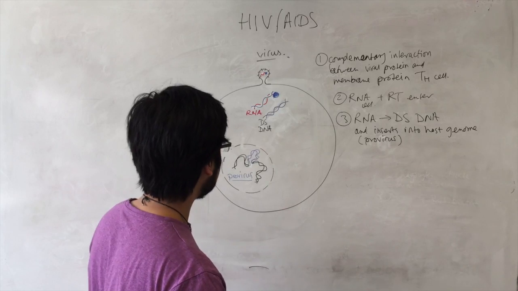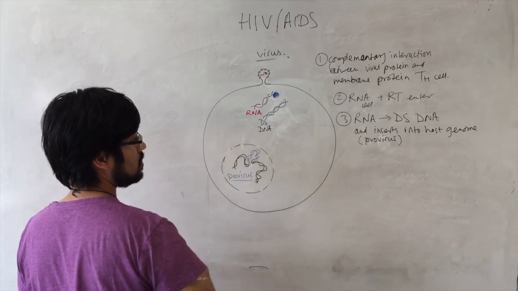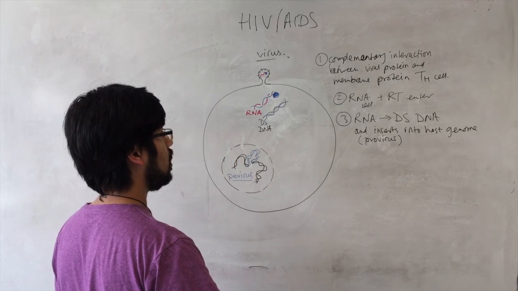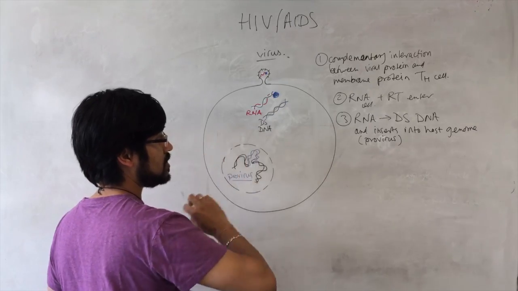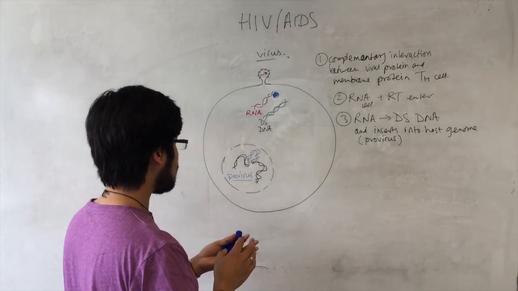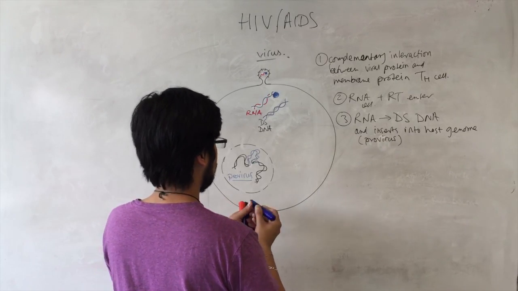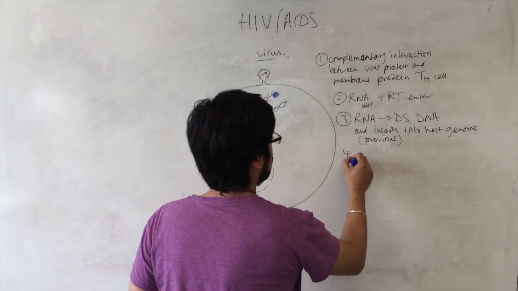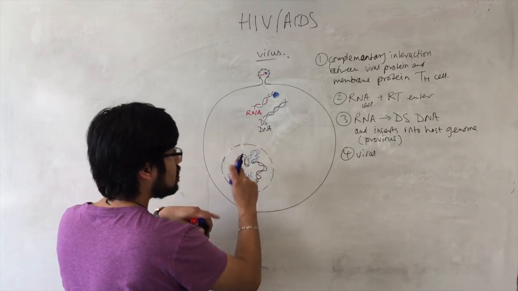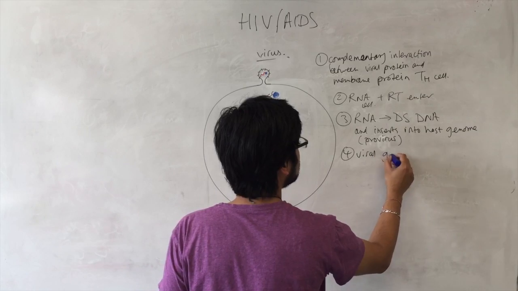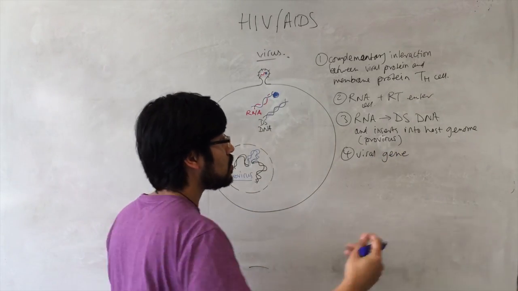This is what actually causes damage to the T helper cells. Once the DNA has become part of the host genome, and I'm not really sure when this starts to happen, but eventually it does, the viral genes start to get transcribed and then translated into actual proteins.